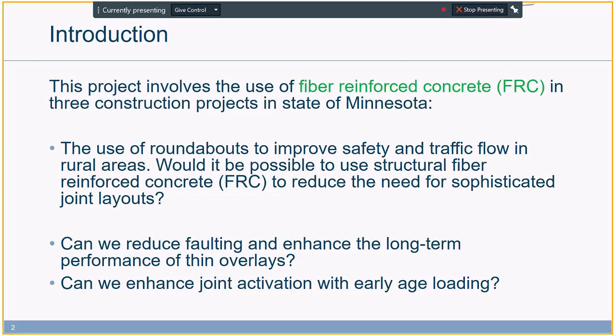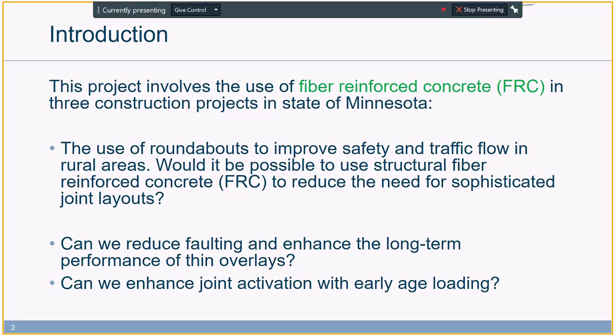And the idea here with the FRC roundabout project was to see if we can use a structural fiber reinforcement and FRC mixtures to reduce the need for sophisticated joint layouts. As we can see later on in this presentation, in this project, we are discussing construction and performance of a jointless FRC ring in these roundabout projects.